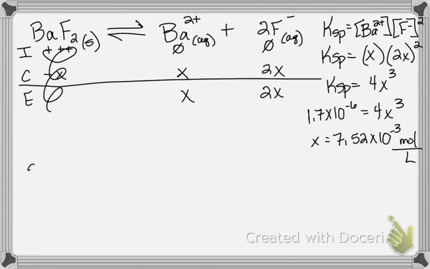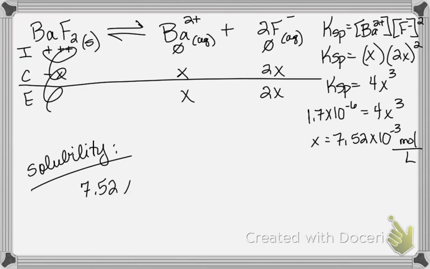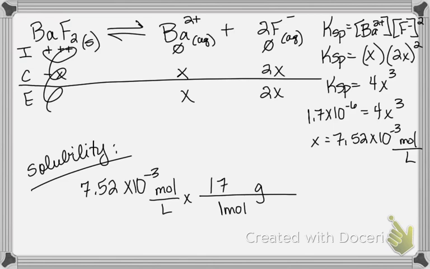To calculate the solubility, you guys set that up, pause the video, and do that. And then when you start the video back, you should have written 7.52 times 10 to the minus 3 moles per liter times, for the molar mass of barium fluoride, I got 175.3.